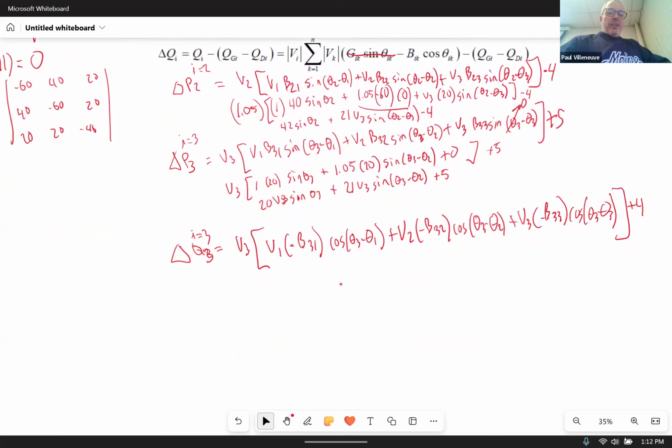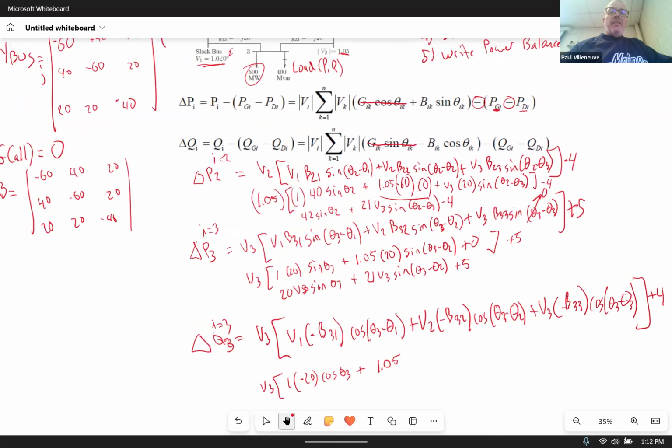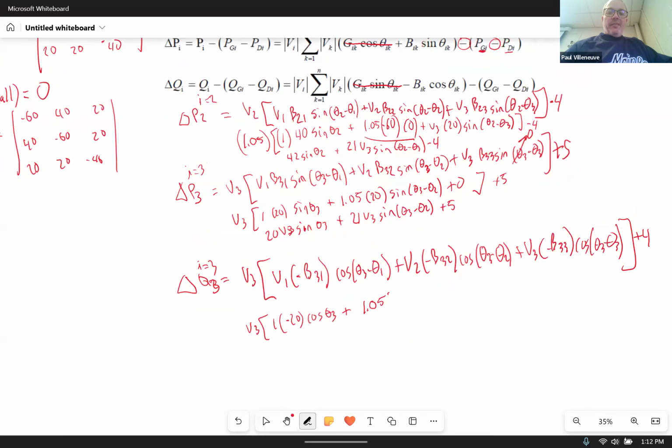My last power balance equation, V3 times 1 times minus B3, 1, negative 20. That just becomes the cosine of theta 3. Let me know if I'm going too fast, right? Because we've done the fact that theta 1 is equal to 0. So hopefully we can recognize that pretty quickly here. So this becomes 1.05 V3. I hope it's 1.05, yes, 1.05.